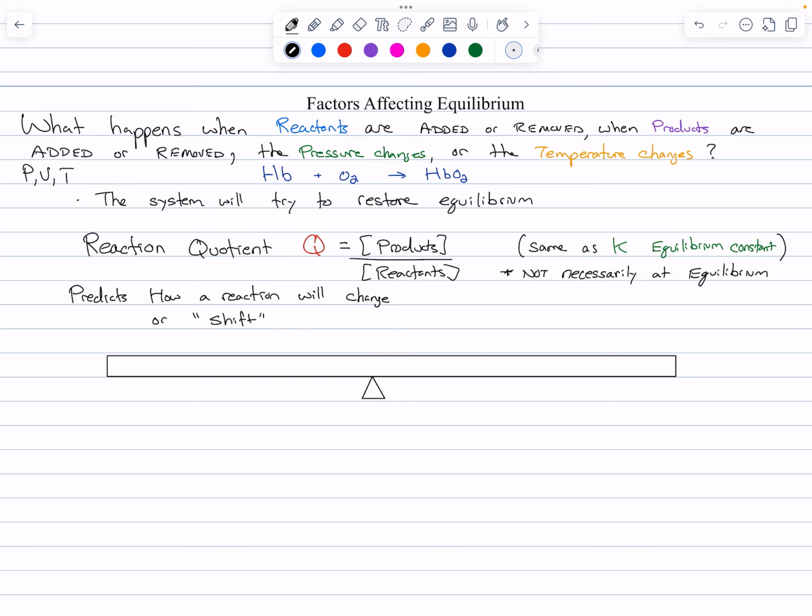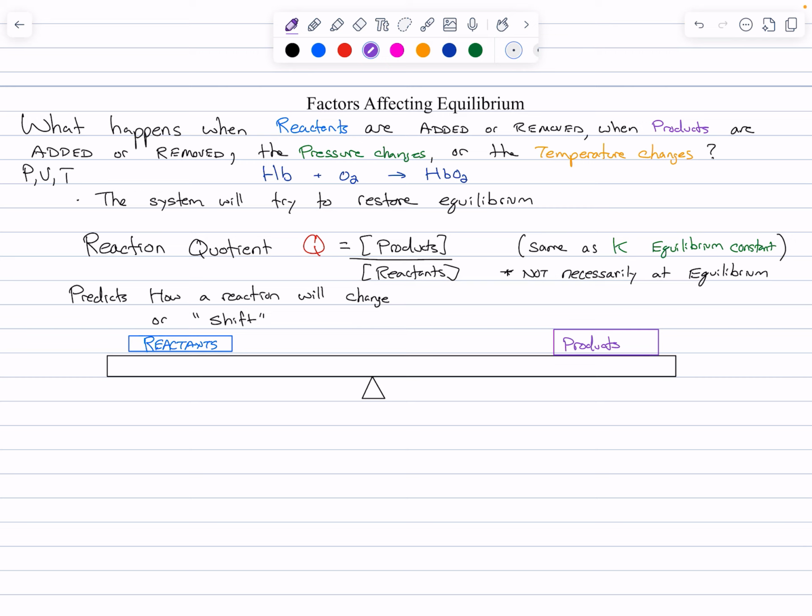So we have reactants and they have some amount to them. There's some mass there on the teeter-totter, and we have products. They have some mass there, too. So think of it this way.